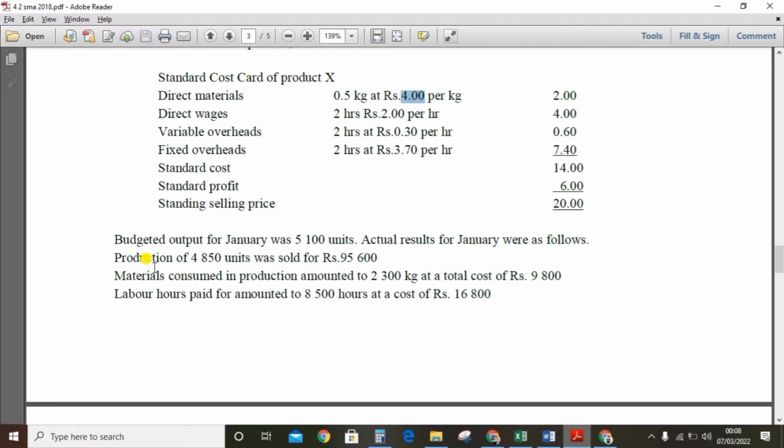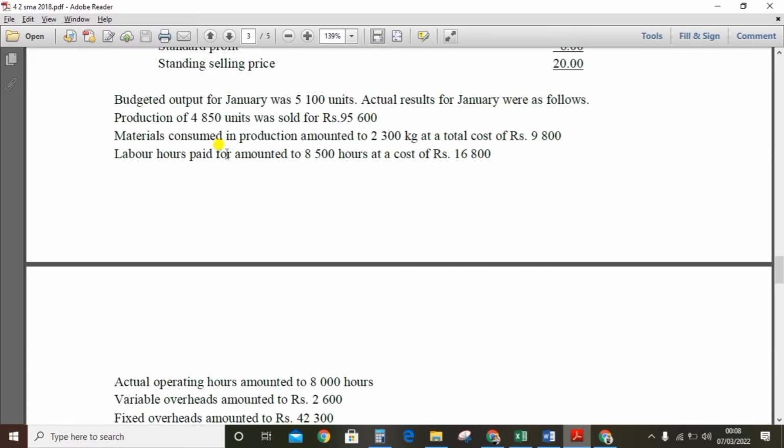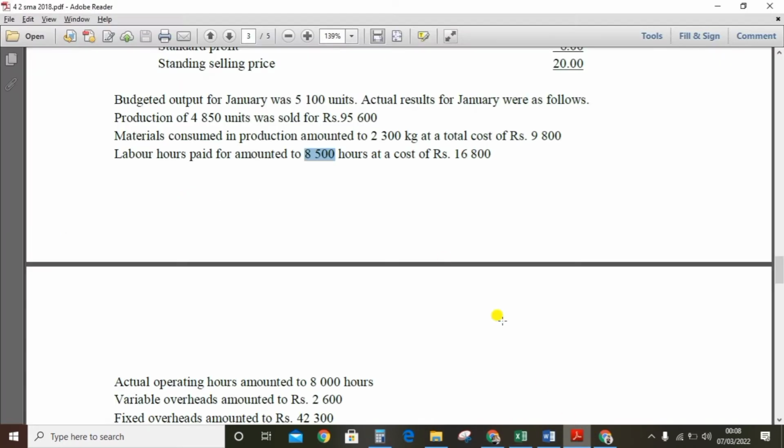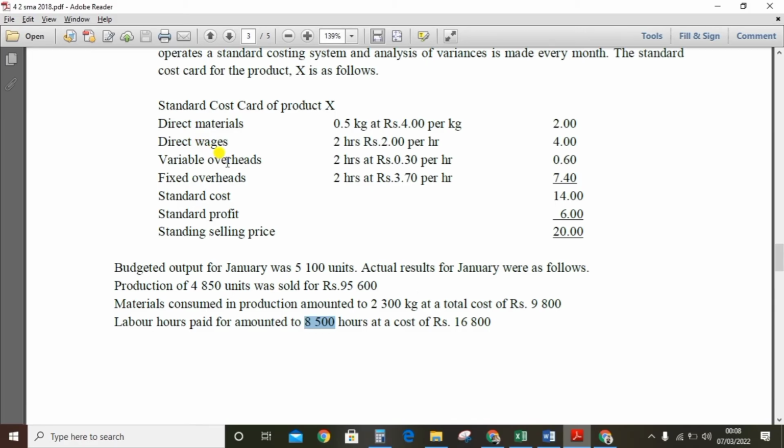Actual hours, labor paid for 8,500. This is the actual hours for the labor rate variance. 8,500 into SR. SR meaning standard rate per hour.